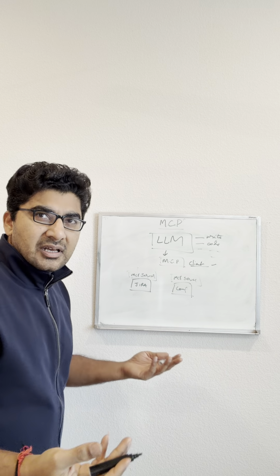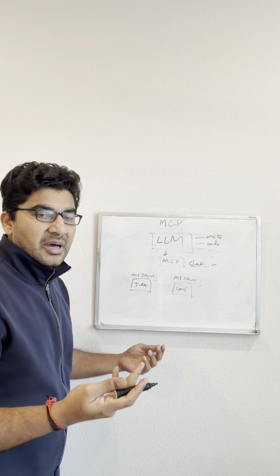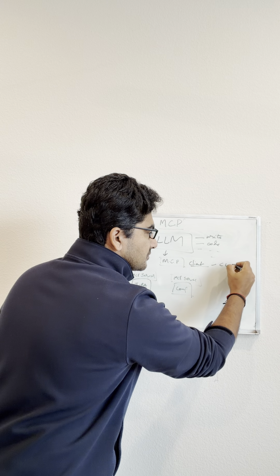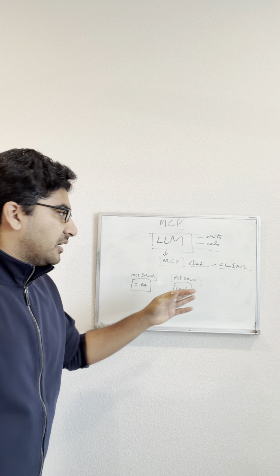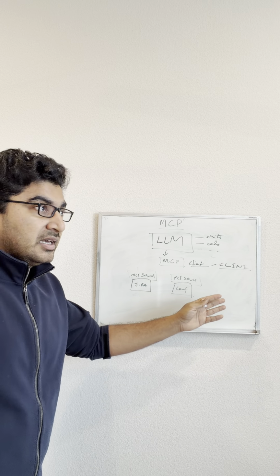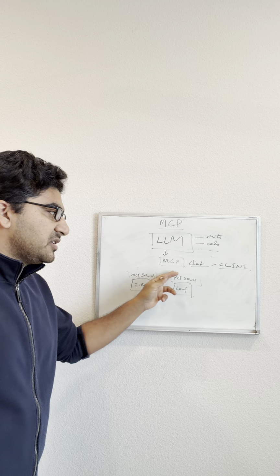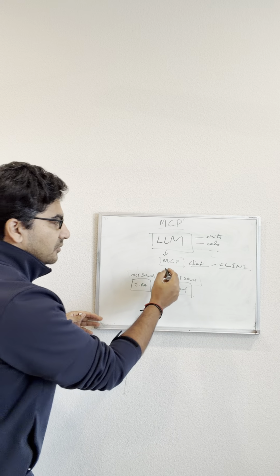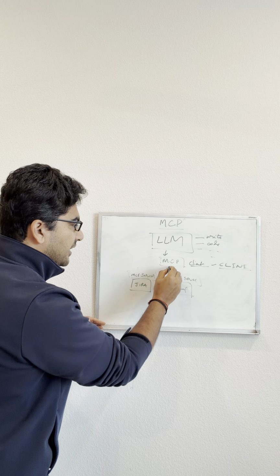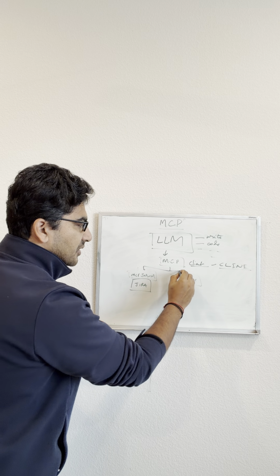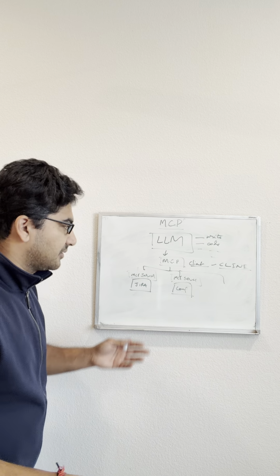We have multiple MCP clients today in the market. Example, one of them is Cline, right? Cline is a perfect example, I would say. It is an MCP client which can talk to multiple MCP servers. We don't need to build separate bridges to each server. The way MCP client works is, okay, taking one step back, we need to configure multiple MCP servers to a single MCP client, right?